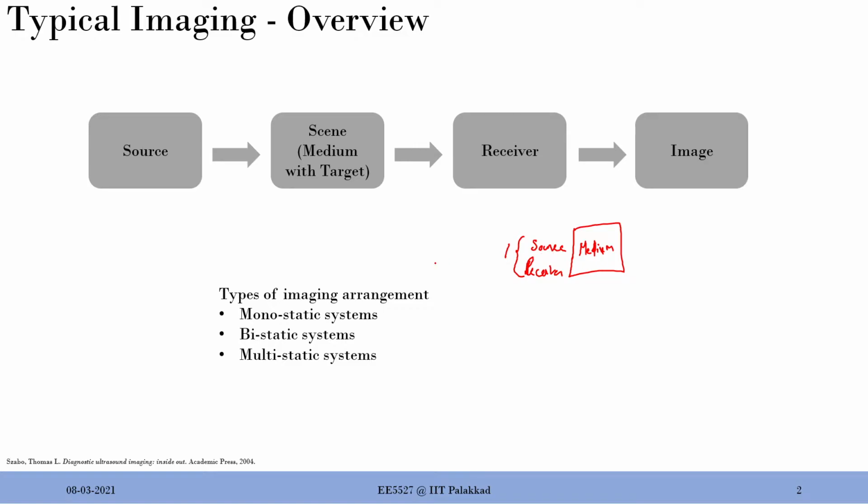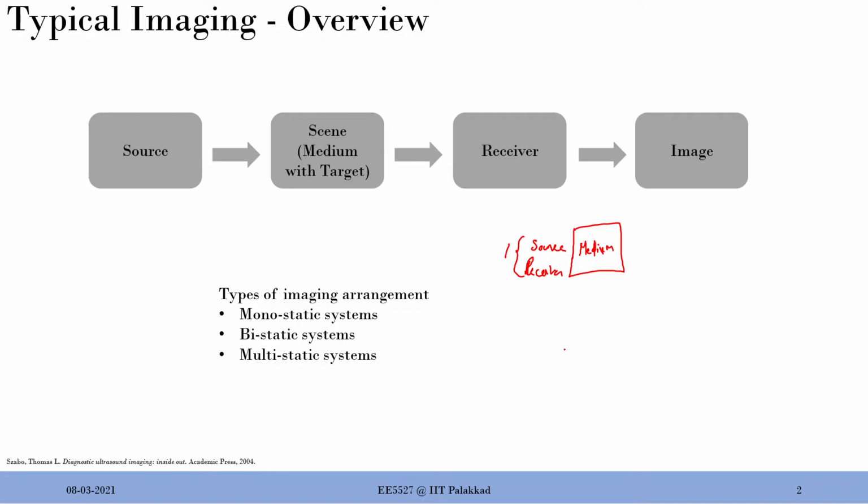That means it is like an echo. You are disturbing the system using the source, and you have the receiver also at the same location. It can be the same source itself, and then it becomes a transducer. Don't forget that: if the source and the receiver are the same, it becomes a transducer. So a system where the source and receiver are co-located is known as a monostatic system.